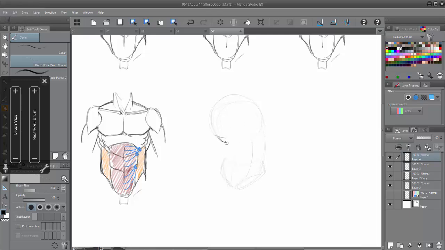This would be where my rib cage is here. That bit there would be that underneath bit that you can see.